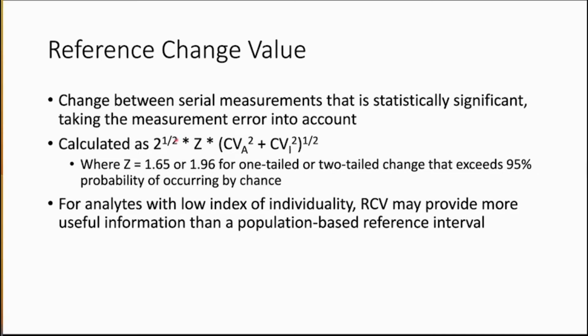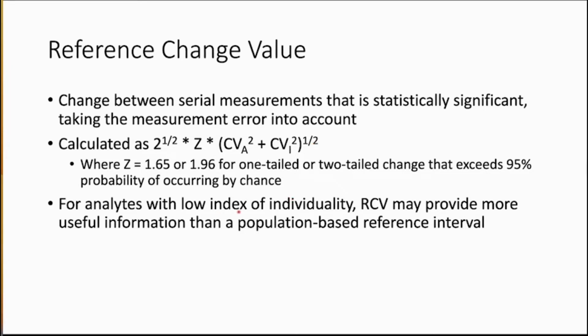So you take the square root of 2, multiply it by either 1.65 or 1.96, depending on whether you're looking at a one-tailed or a two-tailed change, to exceed 95% probability of occurring by chance. You multiply that by the total CV, square root of that, and you come up with a number which says that given this biological variation, this particular change is more than would be statistically expected or less than statistically expected.